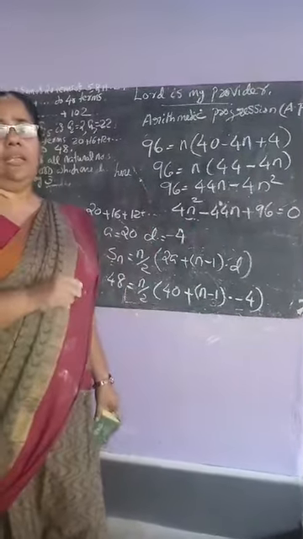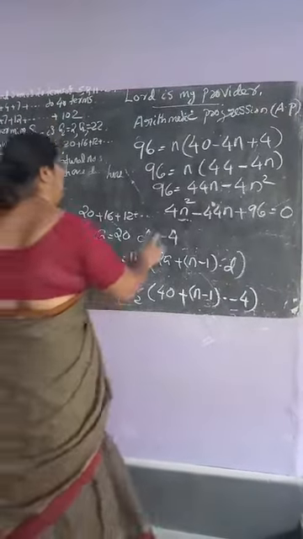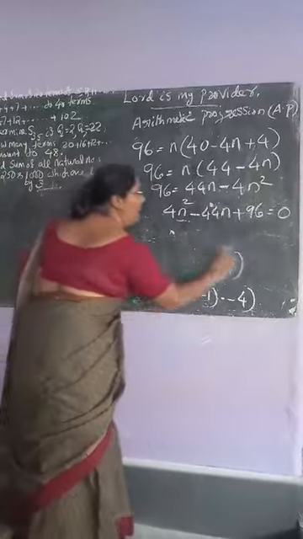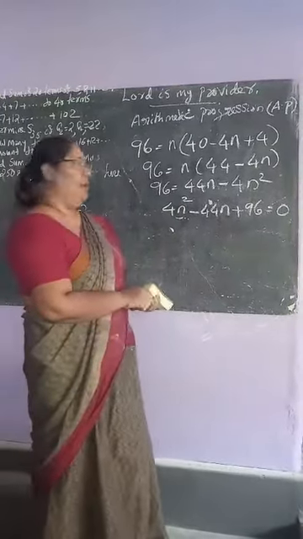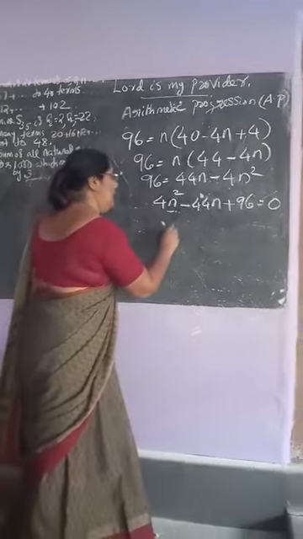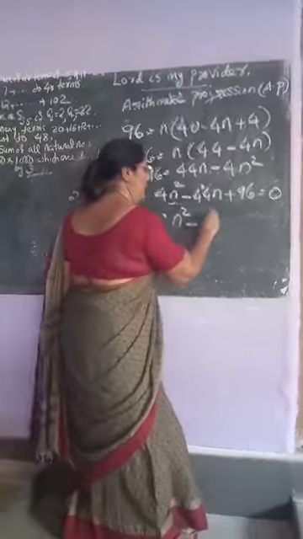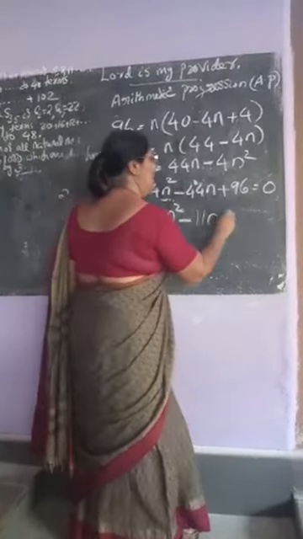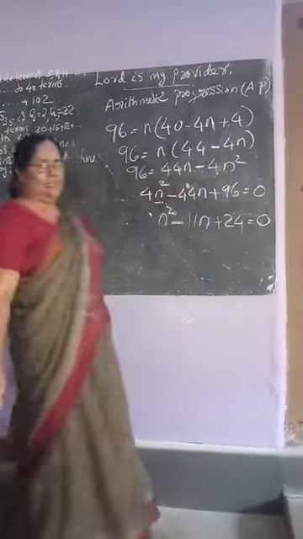In the quadratic equation, we know that how many values are there? 2 values are there. Therefore, here which is common in this equation? We know that 4 is common. Therefore, taking 4 outside, n square minus 44 by 4, 11n plus 24, 4 into 24 is 96, equal to 0.